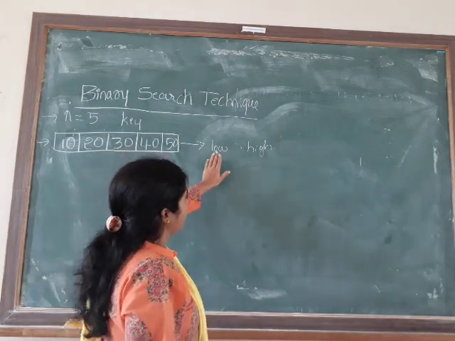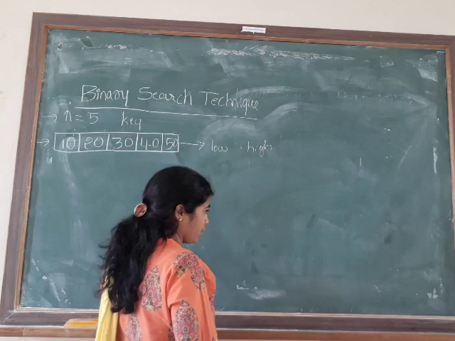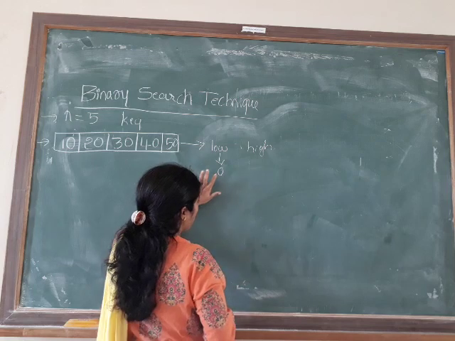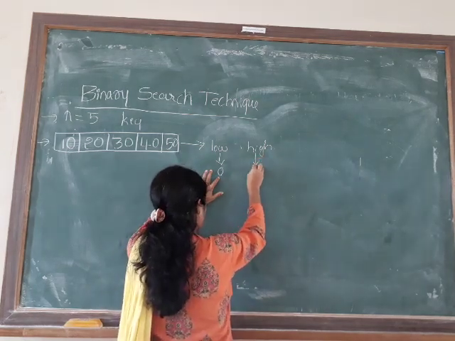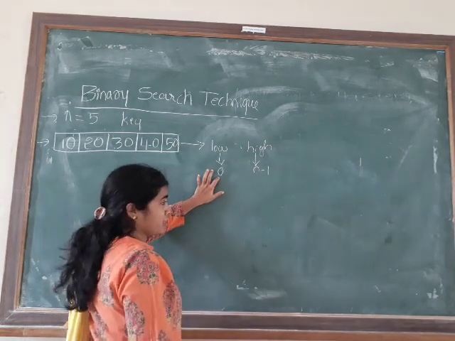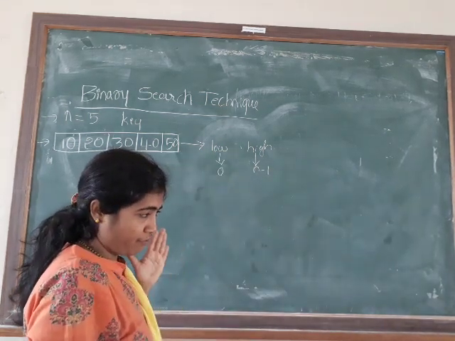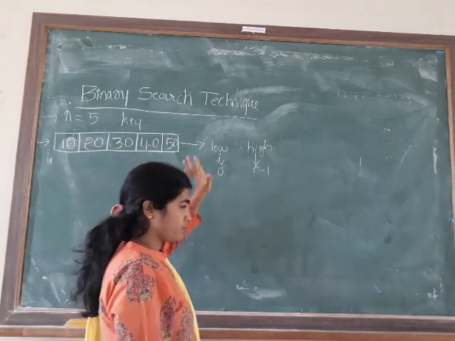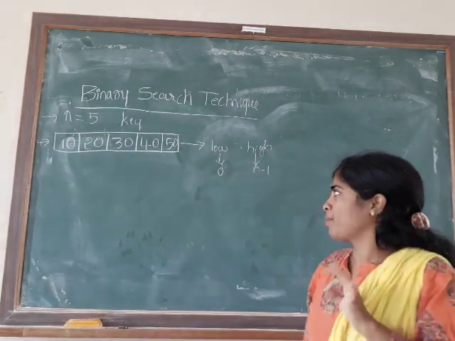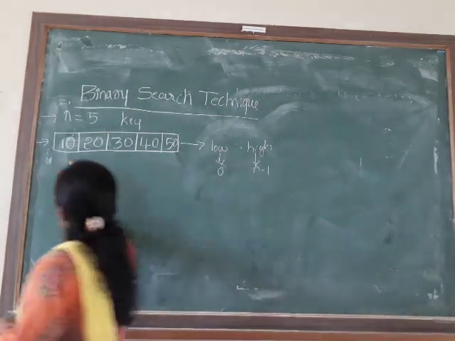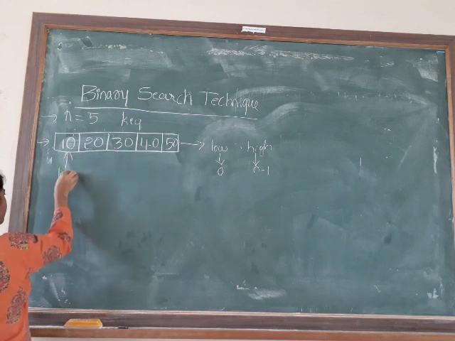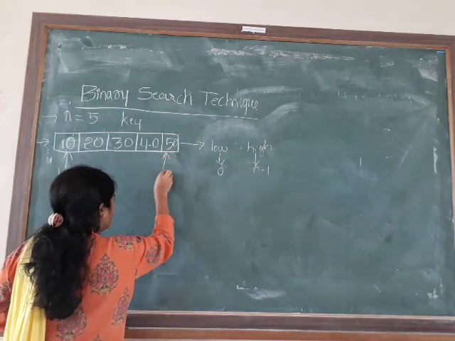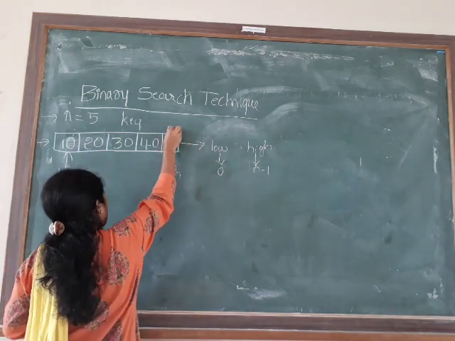In the sense, I am using two variables low and high, and always low is pointing to the 0th index of the array and high is pointing to the n-1 index of the array. Yesterday itself I told you, in a one-dimensional array, if I start the index from 0, it is better. That is a good programming practice. In the sense, always your low points to the first index and your high points to the last index, that is n-1.